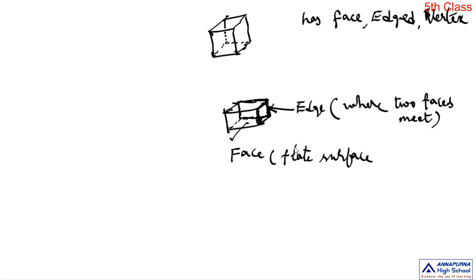Now what is a vertex? Here, this is the corner, this is called a vertex. What is the meaning of vertex? It is a corner.